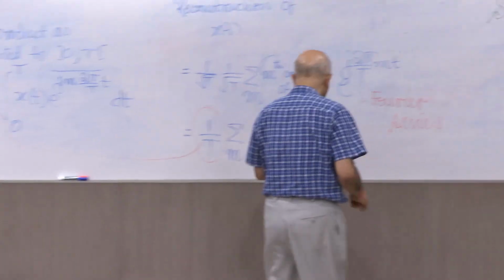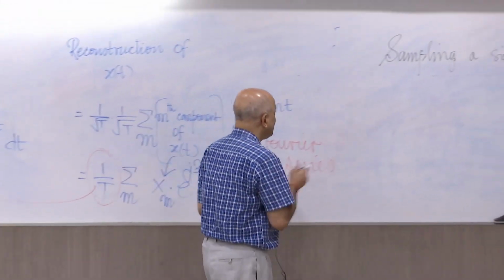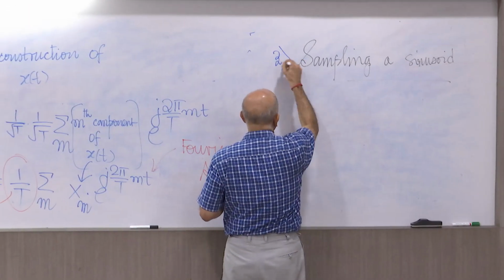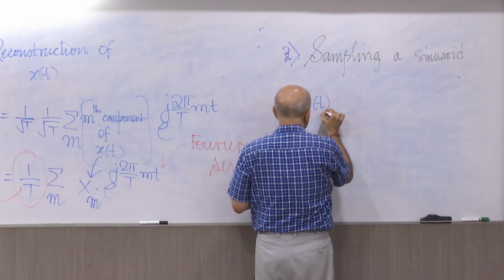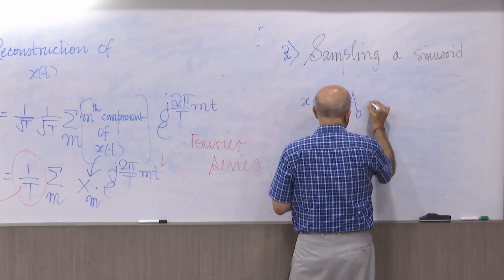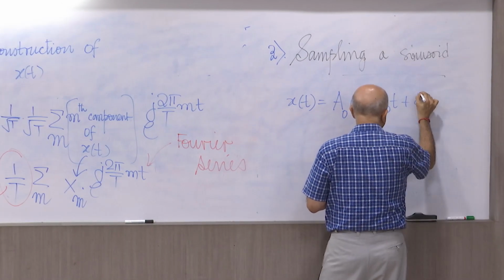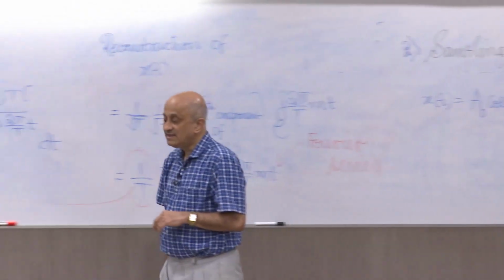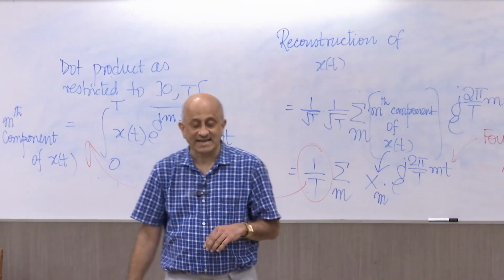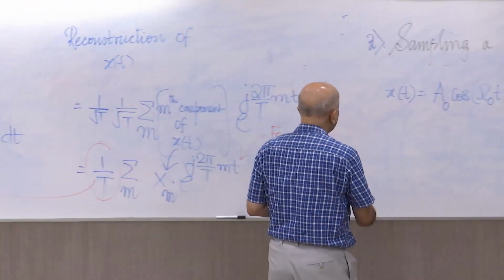Anyway, suppose you had a sinusoid. This is the third question that we were trying to address, isn't it? So let's say you have an x(t) which is described by A naught cos(omega naught t plus phi naught). Now instead of describing the signal at each time, let's take only samples of the signal at all multiples of some time interval.